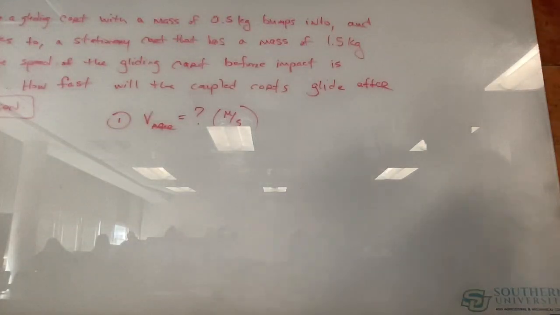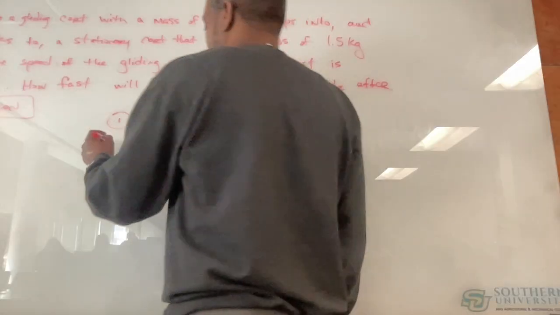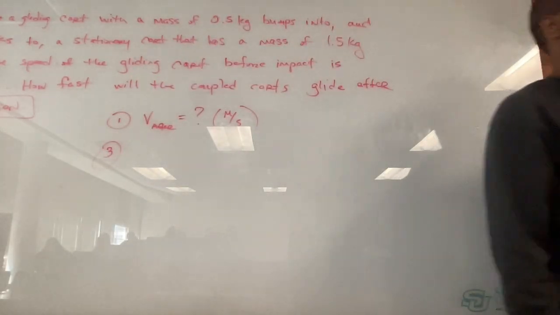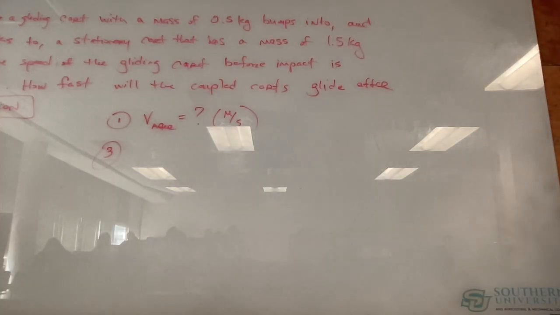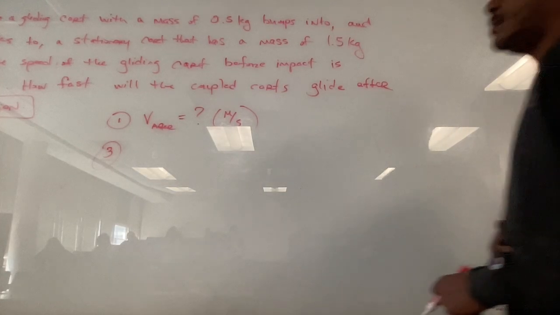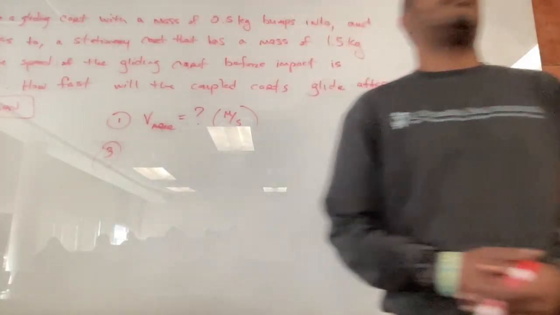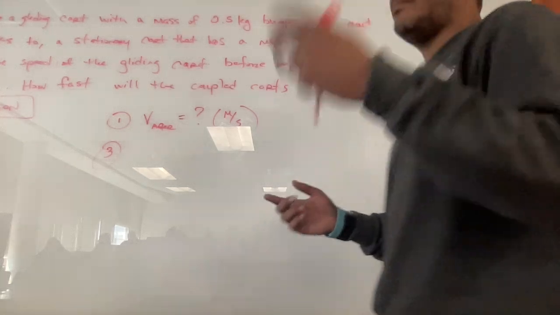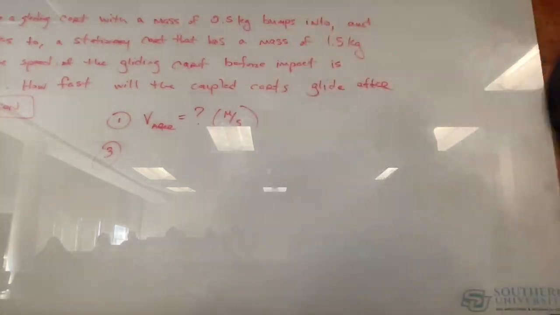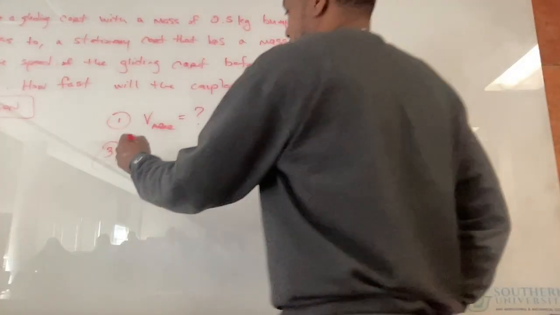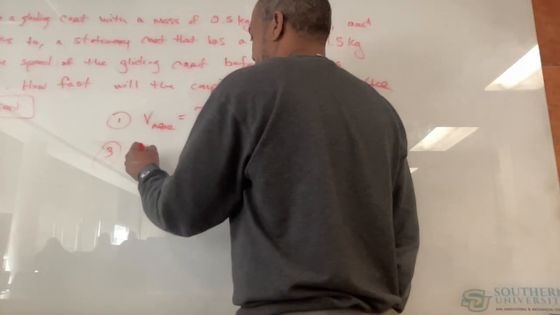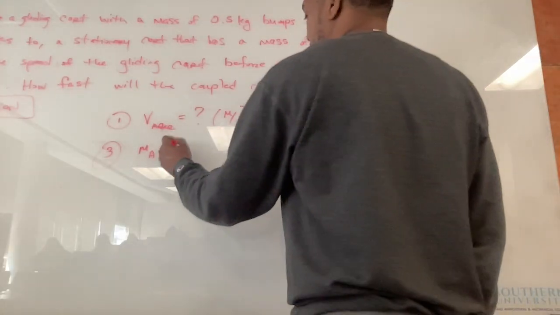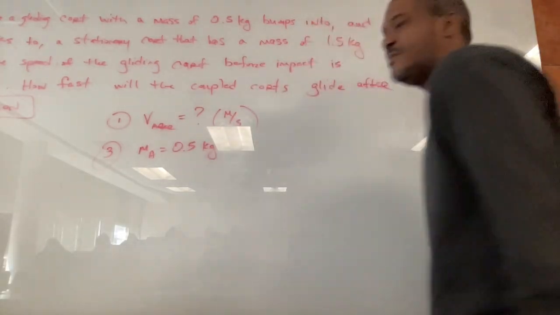All right, so we skip 2, which is the time scale. We get to 3 and write givens. What's our givens? Mass of what? You can't see it? So we have 2 different masses, so we got to specify which one. Let's call mass 1 mass A. Now mass A is 0.5 kg.